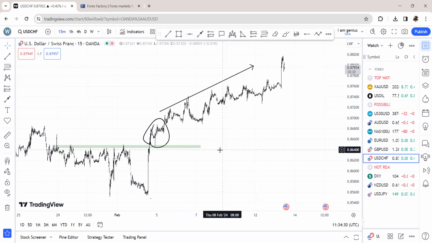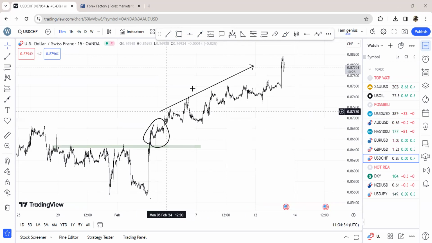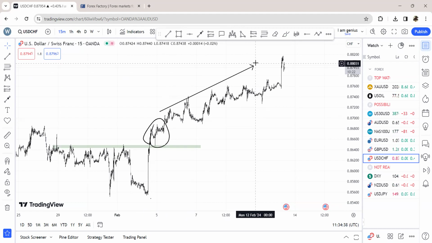It was actually trending upwards. From this time when the news was released, we saw a gradual increase to the upside. That means when the news is positive, it affects the base currency in a positive way as well.